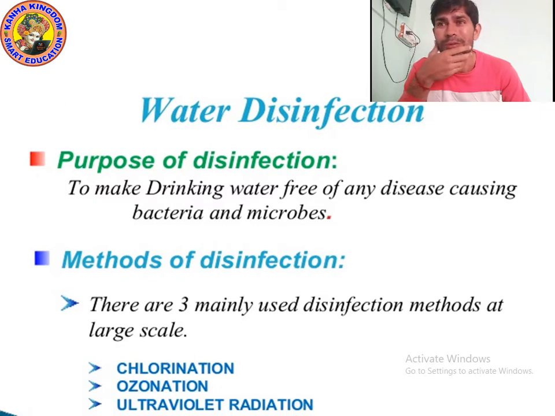So how do we generate ultraviolet rays? Ultraviolet light is most typically generated from a low pressure or medium pressure lamp generating ultraviolet light.